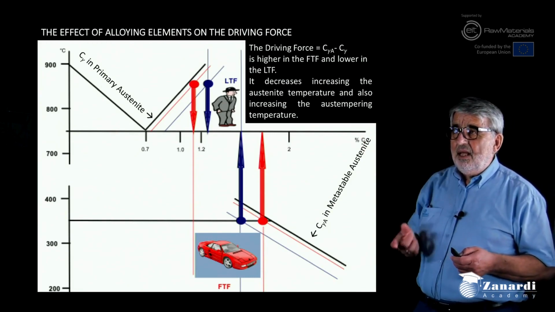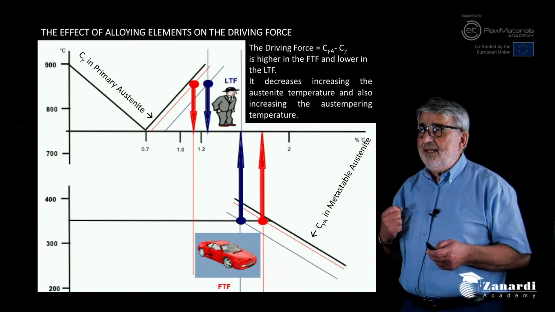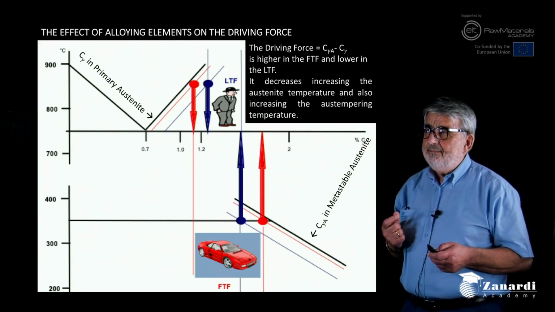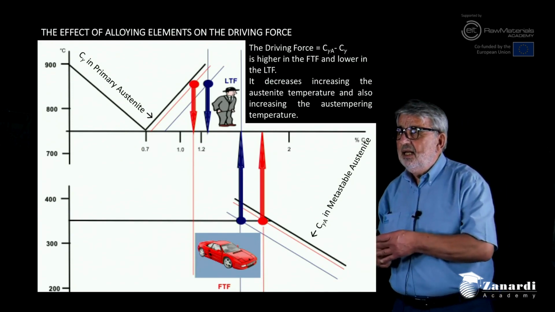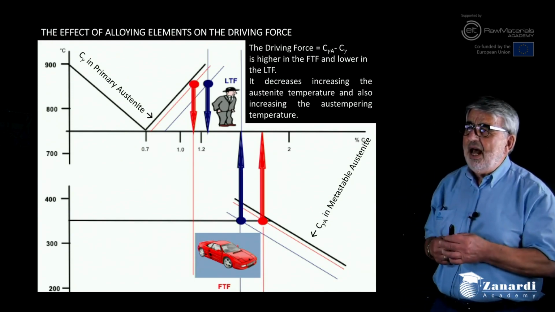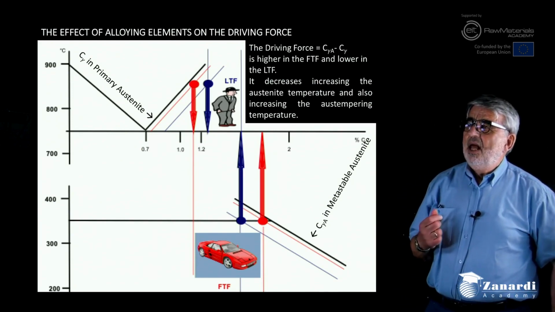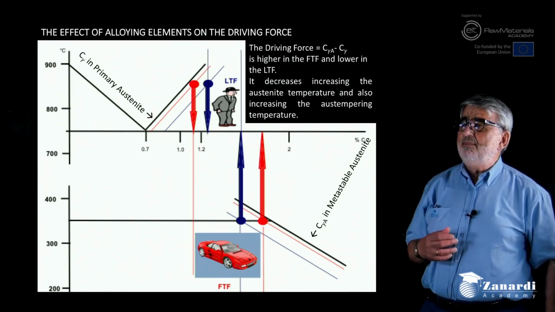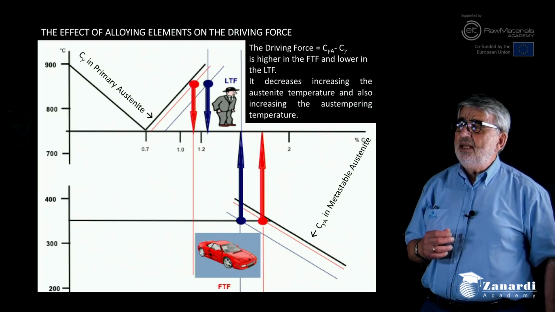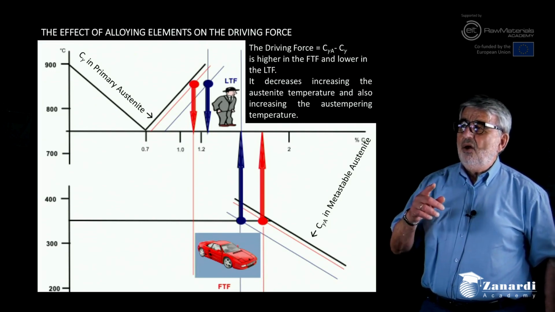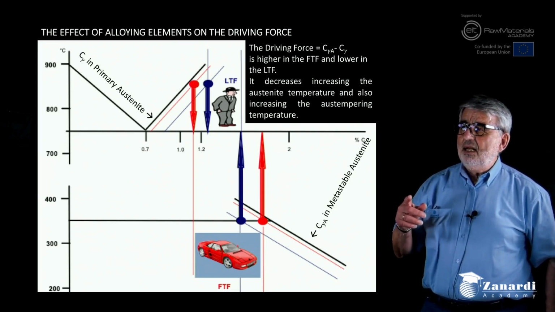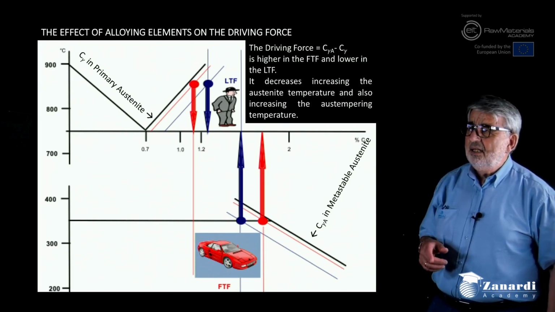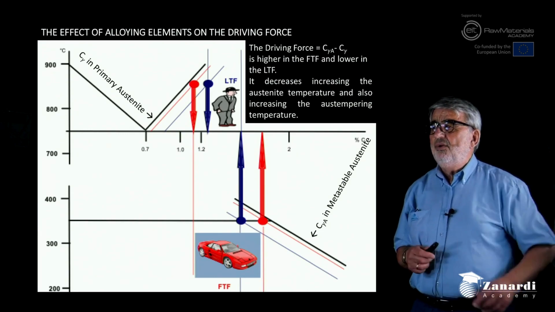Then, what does this segregation do? You see, this is the iron-carbon diagram, where at the eutectoid temperature, you see the carbon solubility into austenite, that is the oblique line on the right.